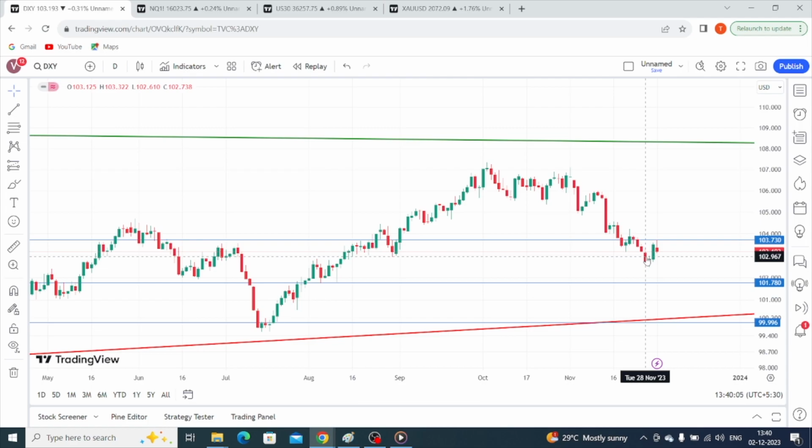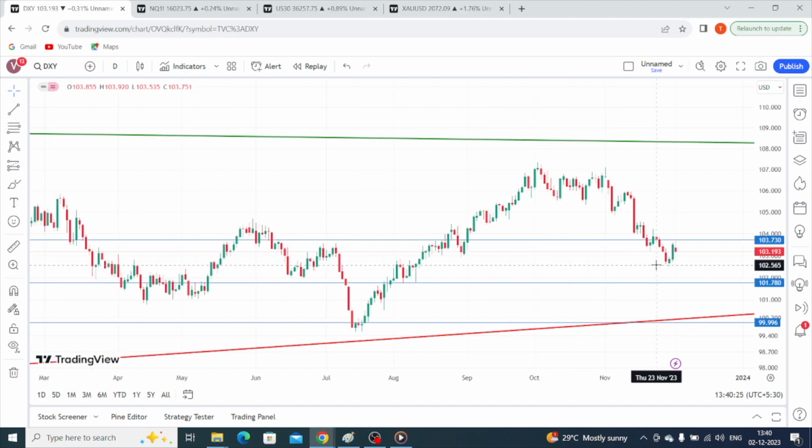It has an inverse relation to our market as well. So presently we know that the Indian market is also at all-time high. So we should also focus minutely on what is going to happen in the dollar index, because it will put a huge impact on the equity market in Indian terms.